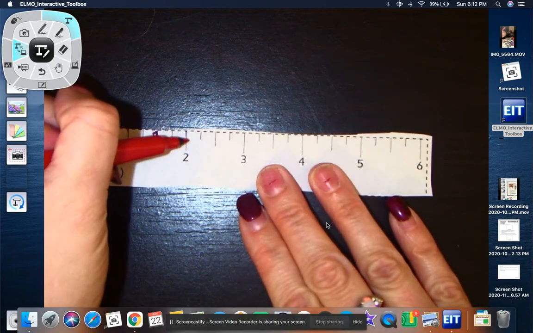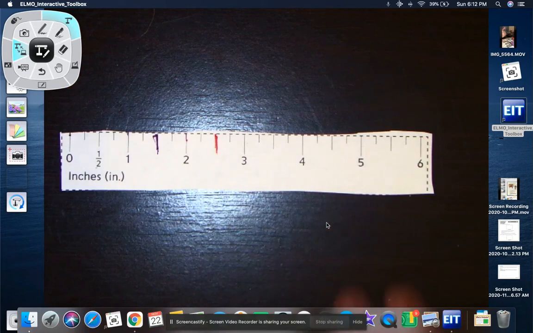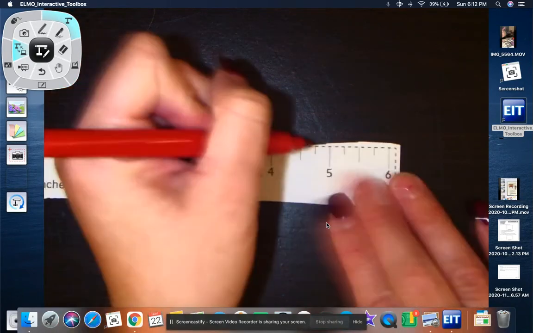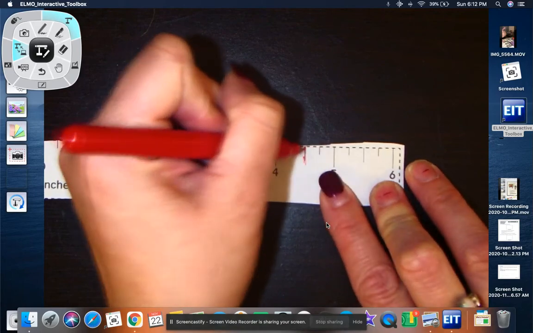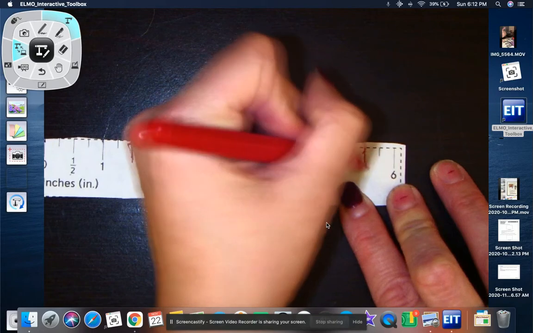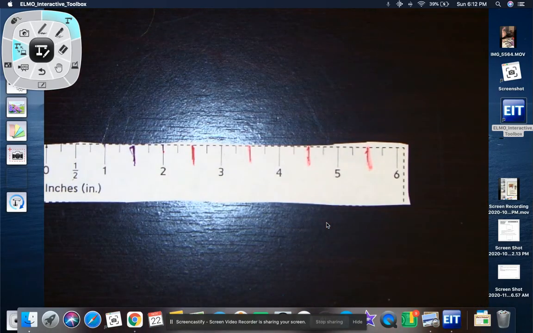So halfway between 2 and 3 is right here. So I'm making my half mark there, my half mark there, my half mark between the 4 and the 5, and then my half mark between the 5 and the 6. So you are going to mark your ruler as well.